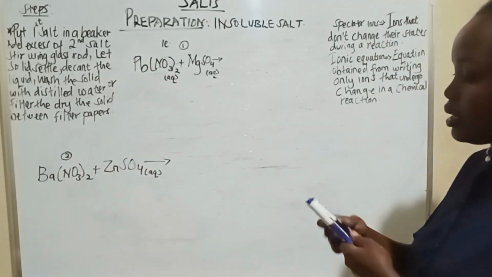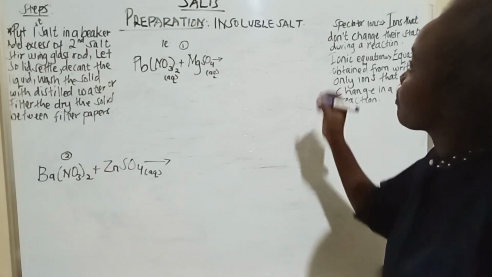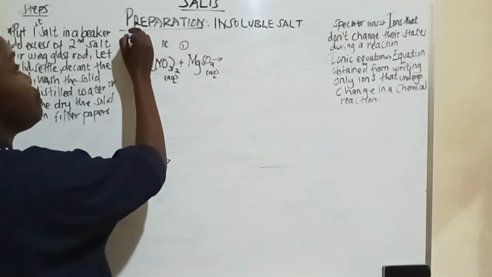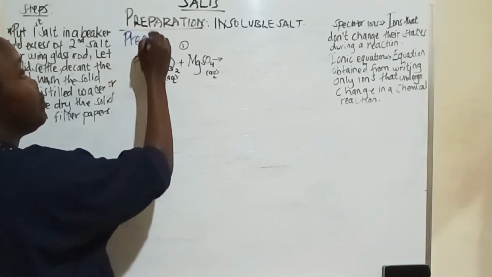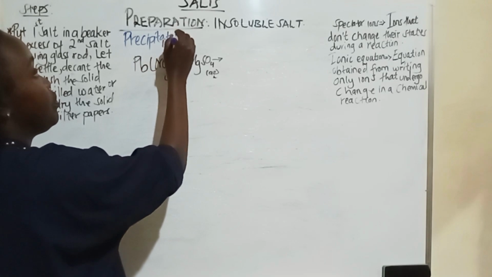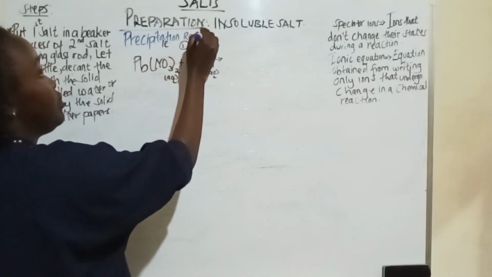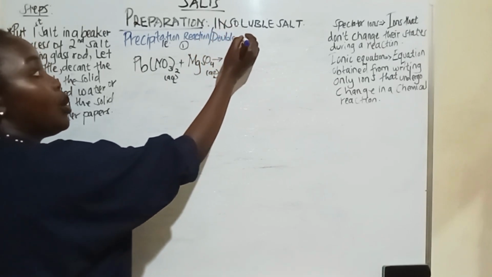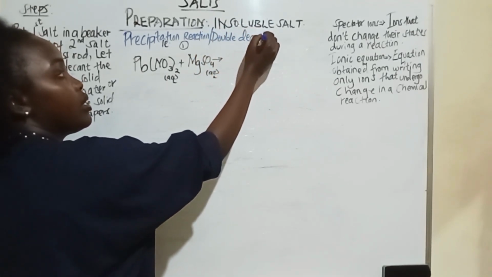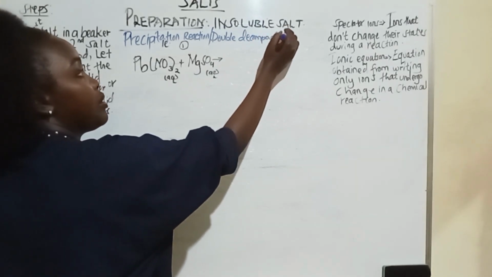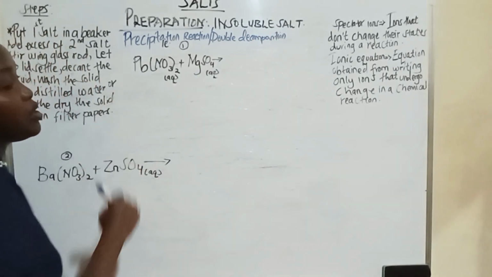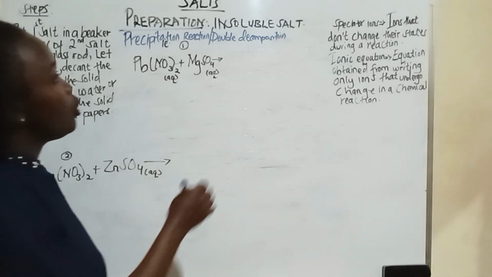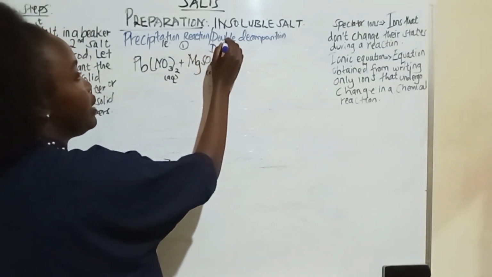So this method is also referred to as precipitation reaction, double decomposition, or you can also call it double dissociation.